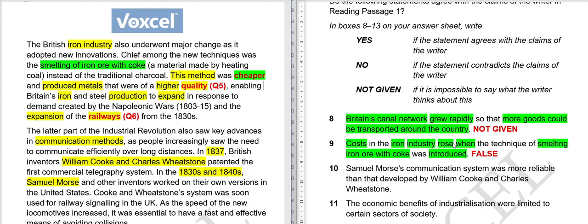Here they say the costs rose, but here they are saying it was cheaper. So if it was cheaper, how can the cost increase? So obviously, this is our location, question number.